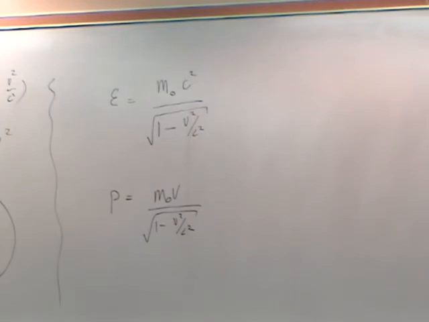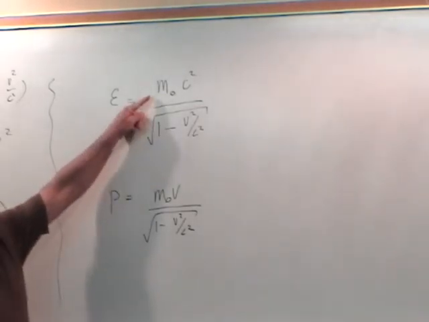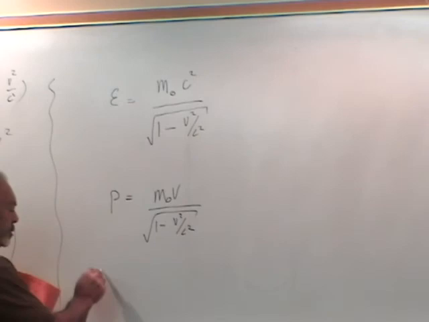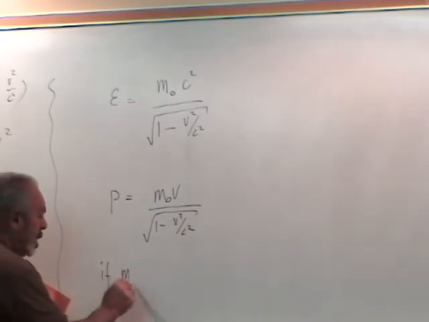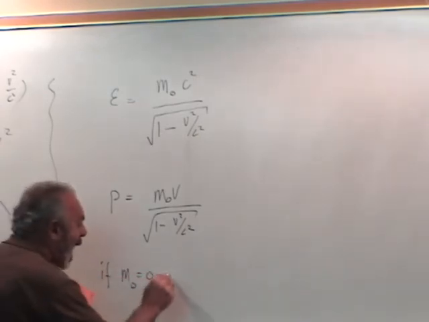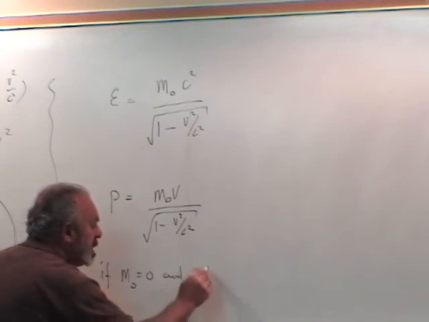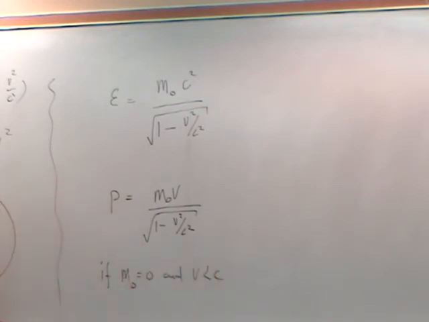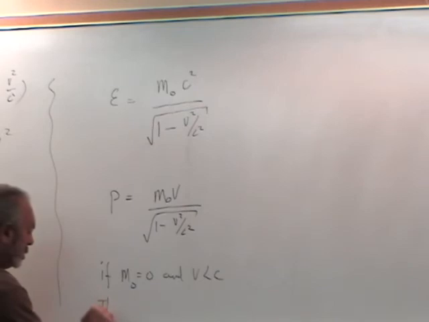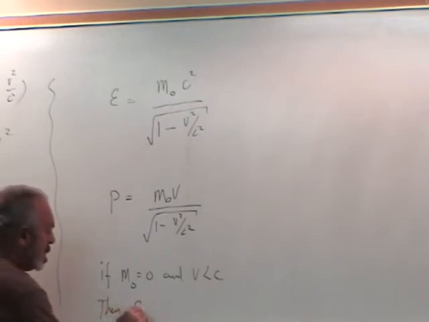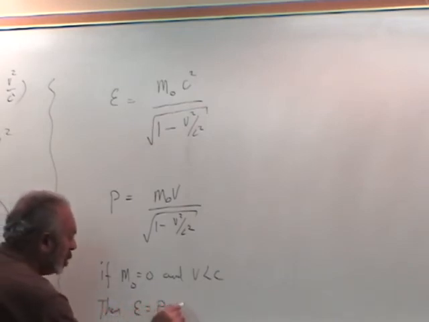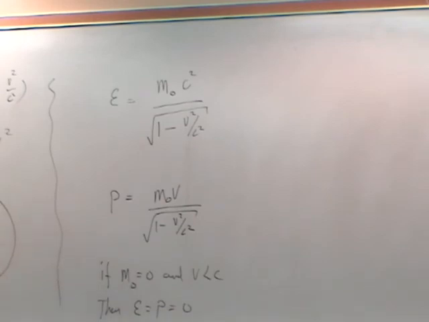Of course, you notice that if m naught equals 0 and v is less than c, then E equals p equals 0. Right?